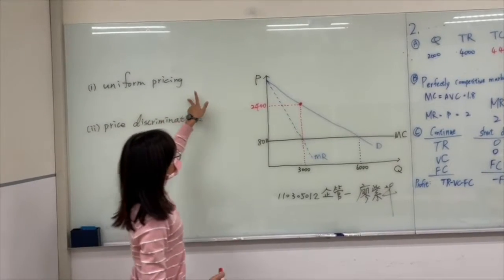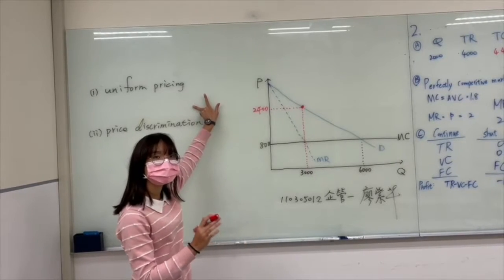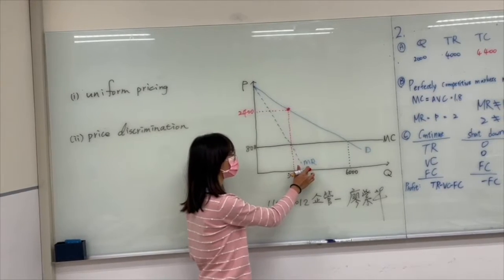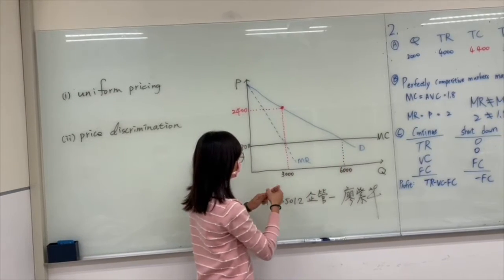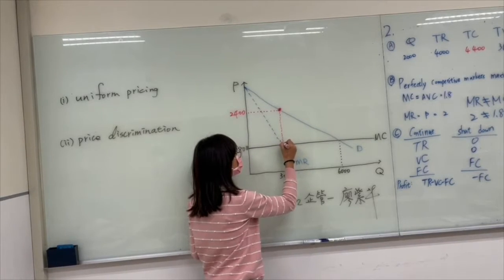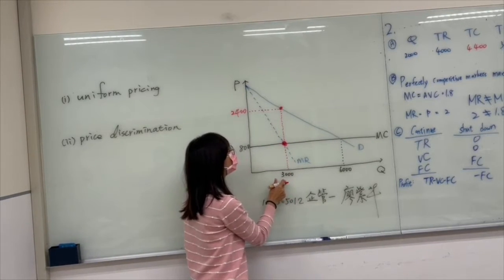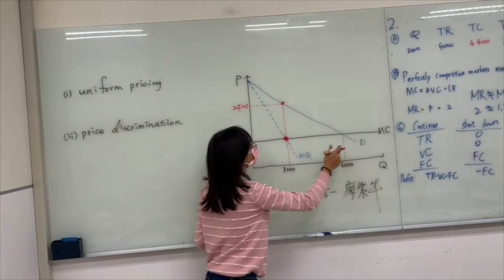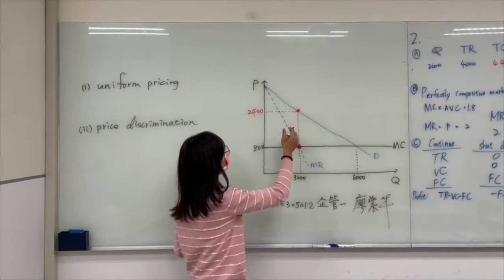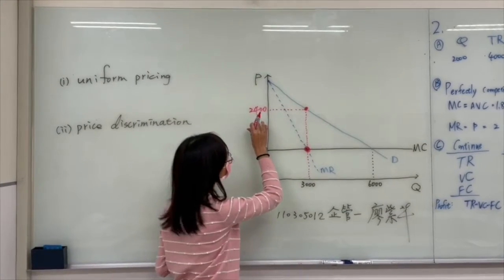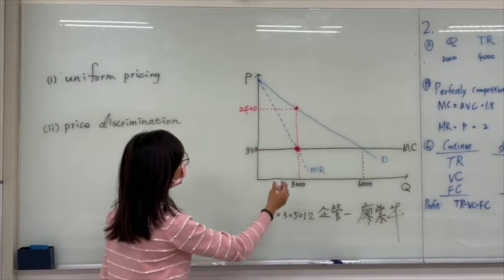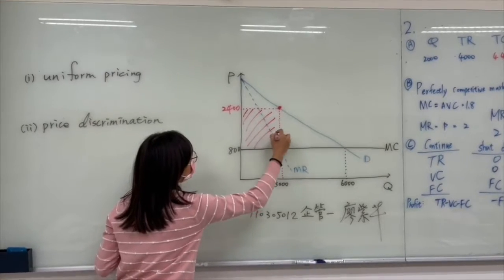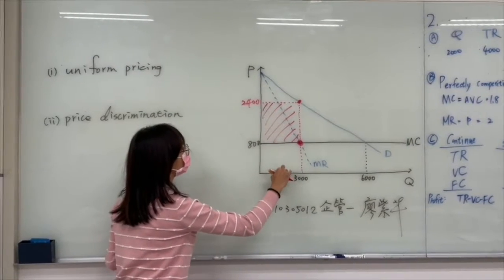Under uniform pricing, we know that if we want to maximize the profit, we have to find the point where the marginal revenue meets the marginal cost, and it is this point. Under this quantity, we can find the price where it meets the demand curve, as used in monopoly cases. At this point the price is 2,400, and the profit is the area in this line, the area above the cost.